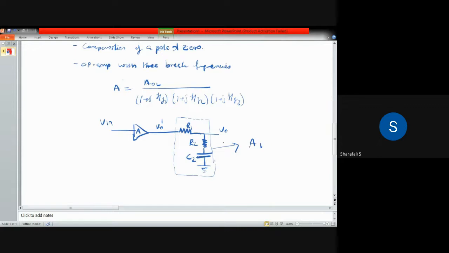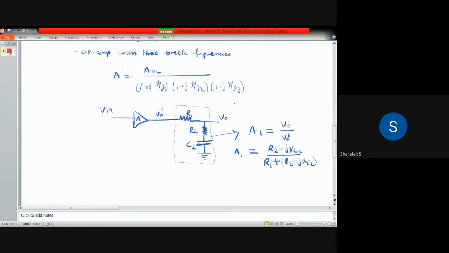This is the gain associated with this compensation network, which is equal to V0 by V0 dash, and that will be given by A1 equal to R2 minus jXC2 divided by R1 plus R2 minus jXC2. This is just the voltage divider rule.